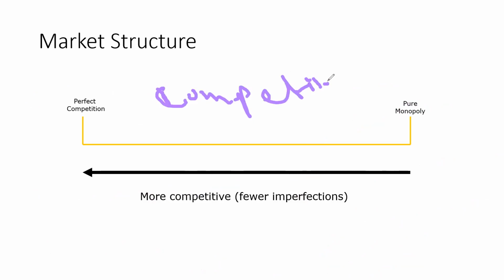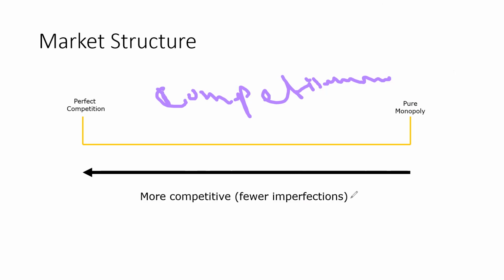Competitiveness. If we consider the continuum of competitiveness, the continuum means that we can identify 2 extreme ends and a range in between, and any market can be located within this range, right?